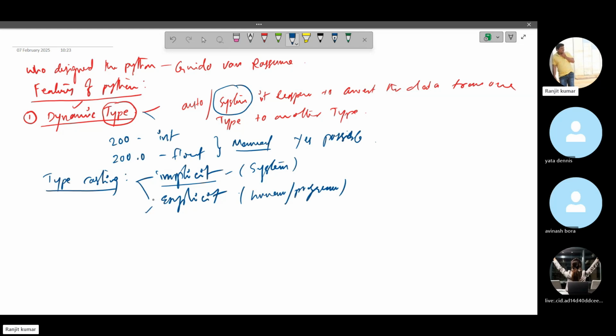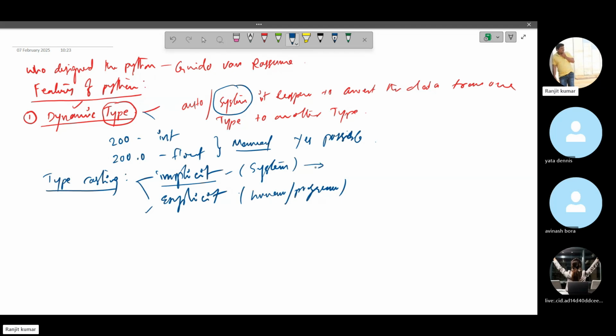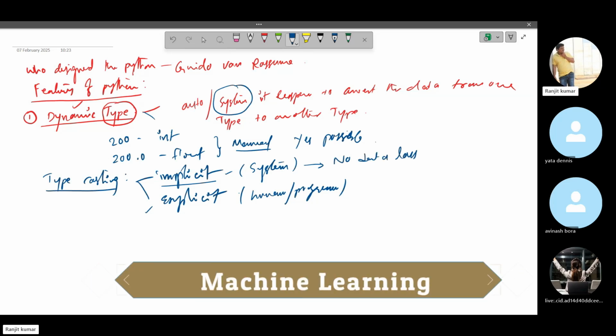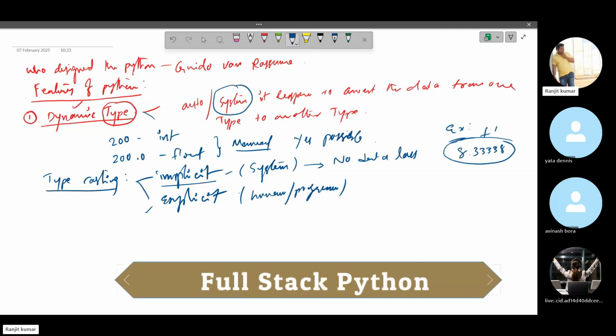So what is the difference between implicit and explicit? Remember, if the system converts the data from one form to another form, no data loss happens. Let me give you one example. For example, I have the value 8.333333. This is a floating value.